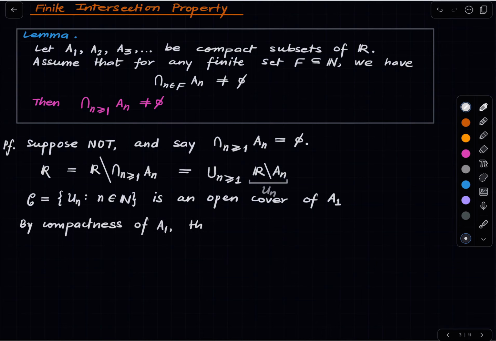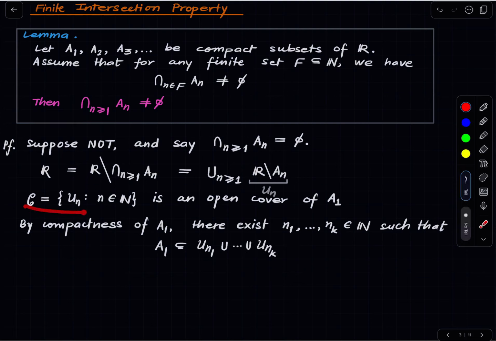there exist finitely many elements in C such that A1 is contained in the corresponding Un's.